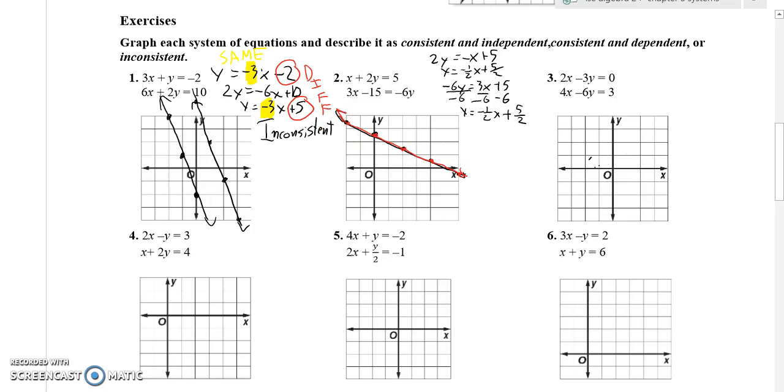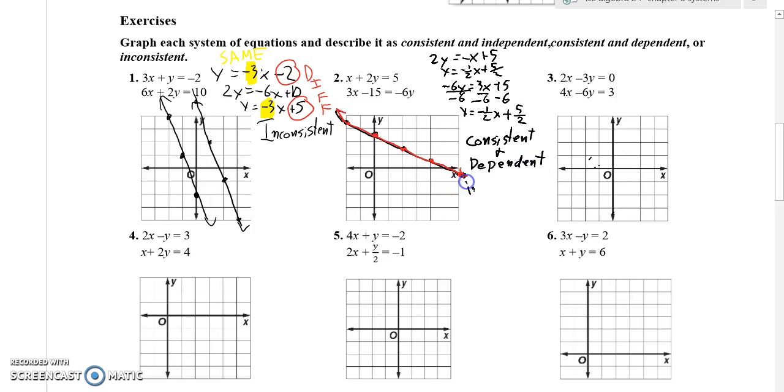That's what they're talking about when they're talking about a consistent and dependent system. This is consistent and dependent. Any point on that line is a solution.